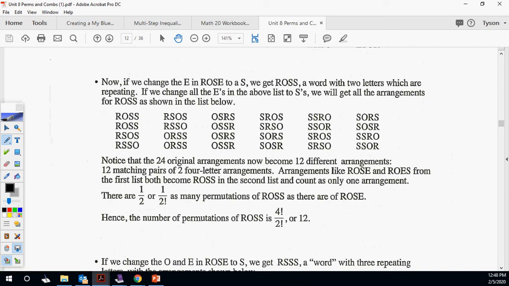And then when you do it for Ross, you get a repetition, and it cuts it in half because S is repeated. You simply divide by how many times you repeated something. So if I have 2 S's, I divide by 2 factorial. If I had 3 S's, I divide by 3 factorial. We'll talk about multiple letters in a second, but that's the basic idea.